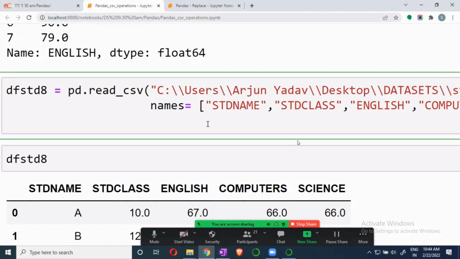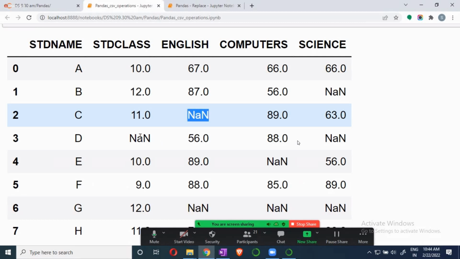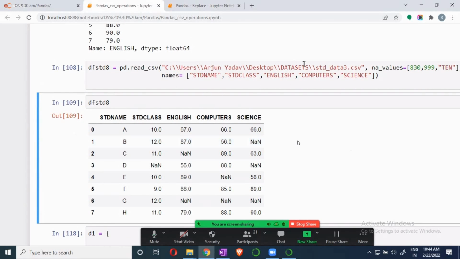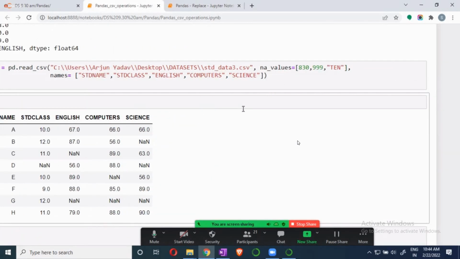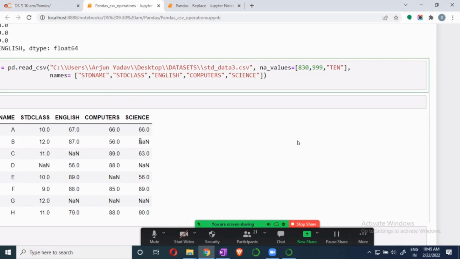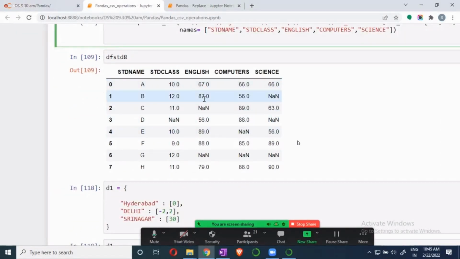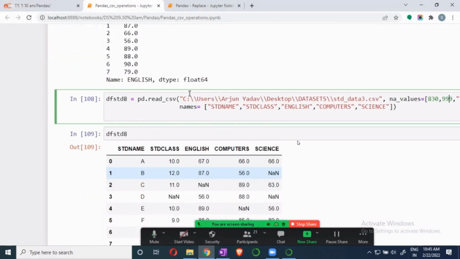Now you see all the NaNs will be created. That is the use of read_csv na_values. But if you don't have this option of uploading the data, now what is this data frame? I will copy it.